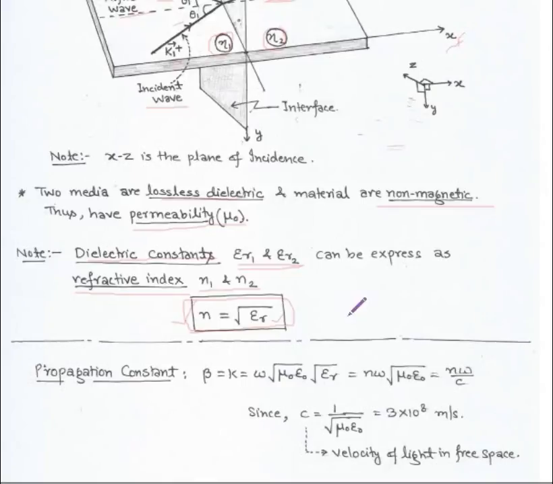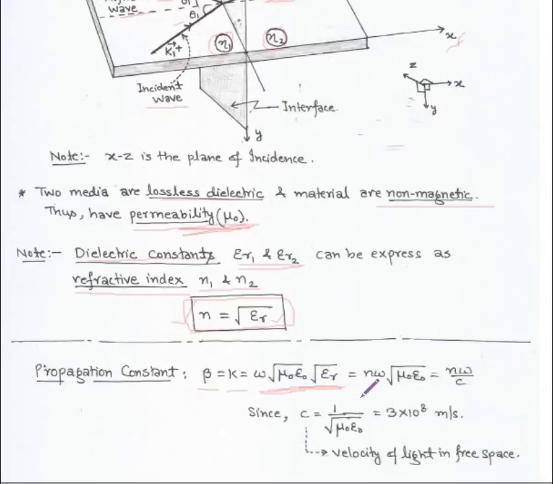And in oblique incidence the propagation constant is denoted by k, and its value is equal to the phase constant beta, and its value is omega under root mu epsilon. Here mu is mu naught, because in this case we consider a non-magnetic material, and epsilon is epsilon naught into epsilon r.